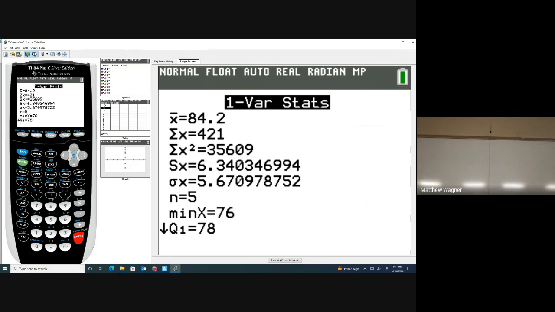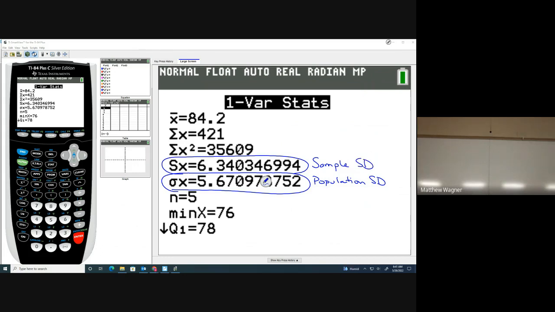When you run the calculation, there are two values here. Hopefully this symbol looks familiar. This is your population standard deviation. This number right here is your sample standard deviation. Notice it's slightly higher.